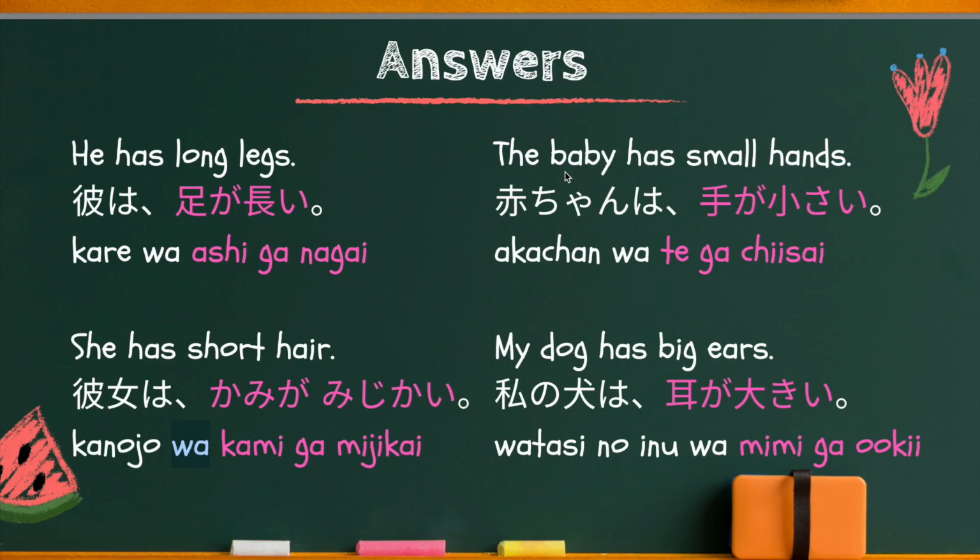Third one, the baby has small hands. 赤ちゃんは手が小さい。So, the body part is hands, which is 手。So, body part が particle, then lastly adjective 小さい, small.